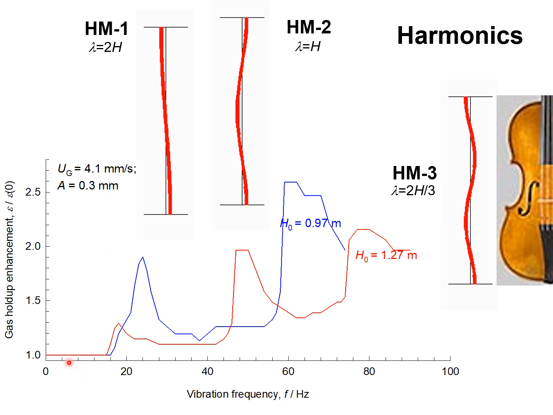And we note that the gas holdup enhancement is highest at a frequency of 24 hertz, and then it reduces and further shows another maximum at a frequency of about 64 hertz.